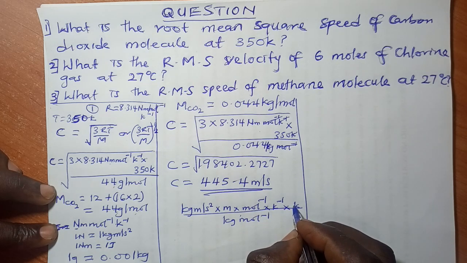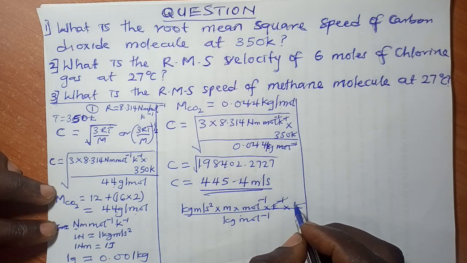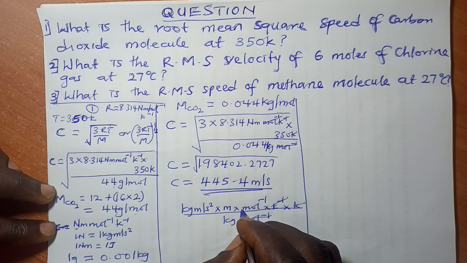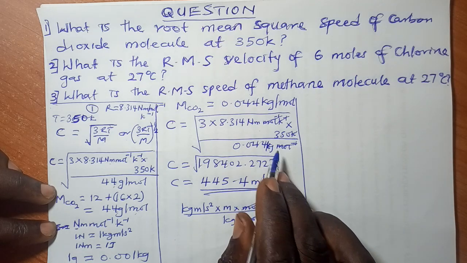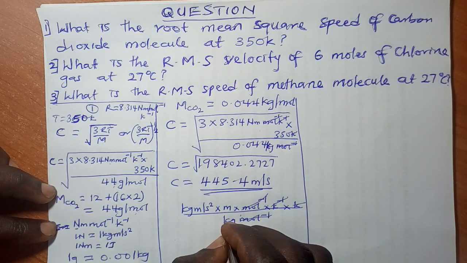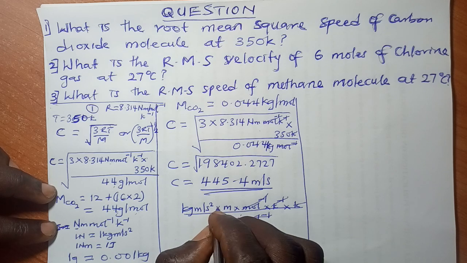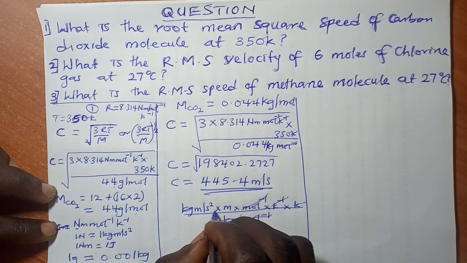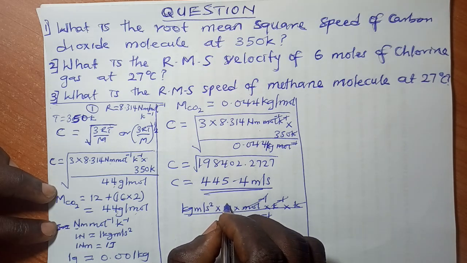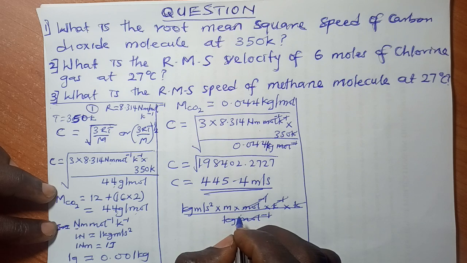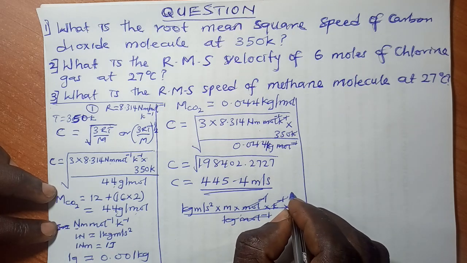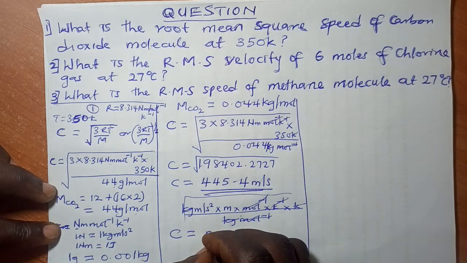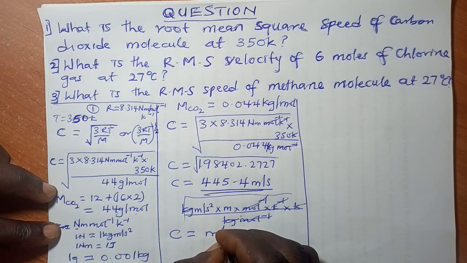You see that this Kelvin will cancel this per Kelvin. That was what I did here. This per mole will cancel this per mole. That was what I did here. And this kilogram will cancel this kilogram. Remaining this. So when you pick up the square root, you will have meter per second.